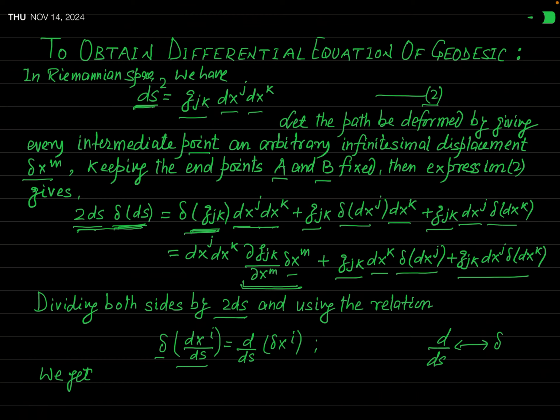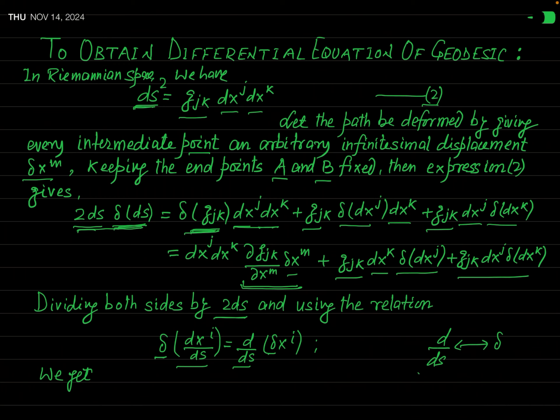But if you interchange these two operators, it means in place of delta now we write d/ds, and in place of d/ds now we write delta. The result remains the same. So we simply say that the interchange of the operators d/ds and delta is permitted.